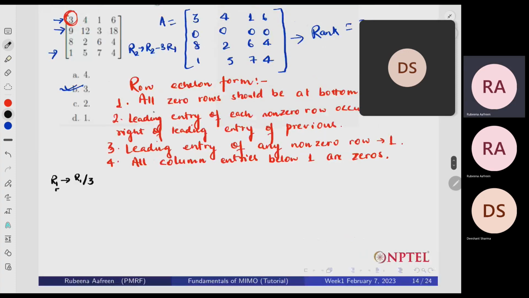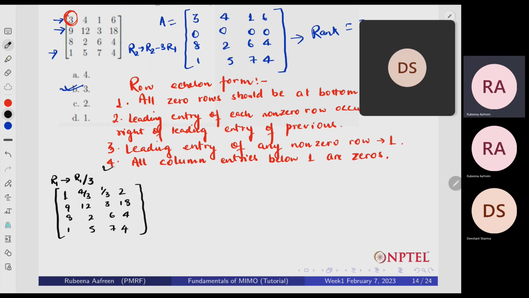So this would give us 1, 4 by 3, 1 by 3, 2. Then the second entry is the same, 12, 3, 18, 8, 2, 6, 4, 1, 5, 7, 4.